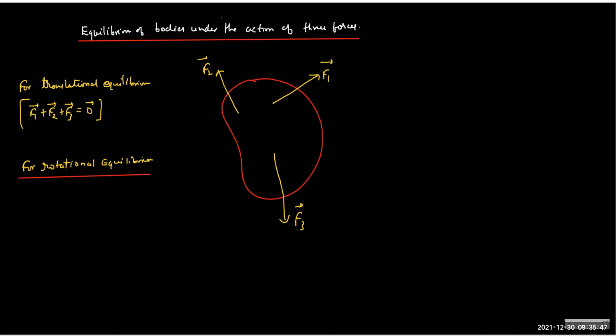So this is the theorem: for equilibrium, the three forces must be concurrent forces. Now, what does it mean? It means they must pass through the same point. So why is this so? Let's try to evaluate.